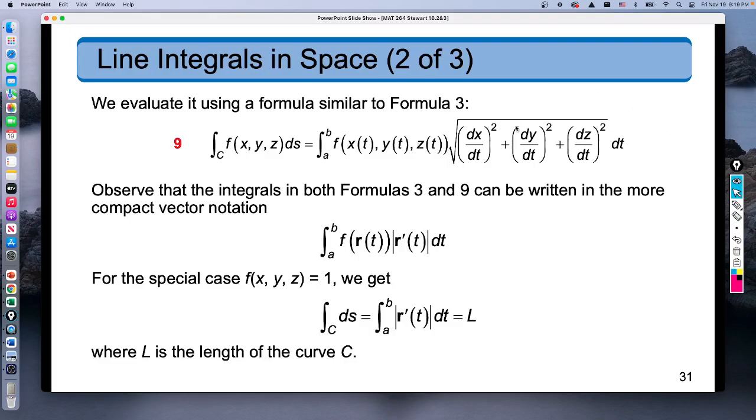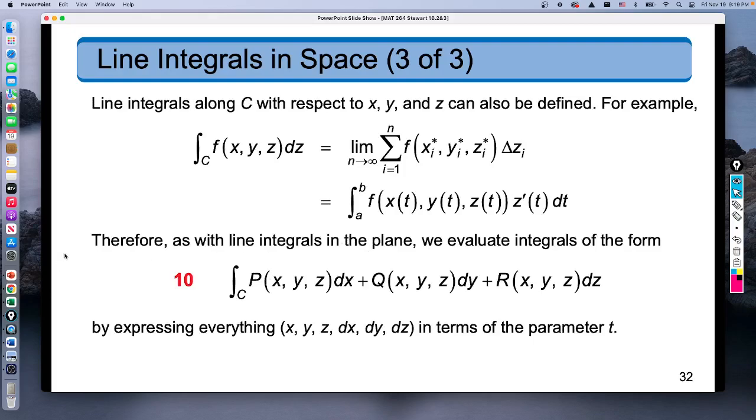So very similar to what we've done before with 2 dimensions, but now we've got 3 dimensions. And again, this integration occurs as long as the sums occur, and as long as the limit as the number of little segments goes to infinity, we end up with that.